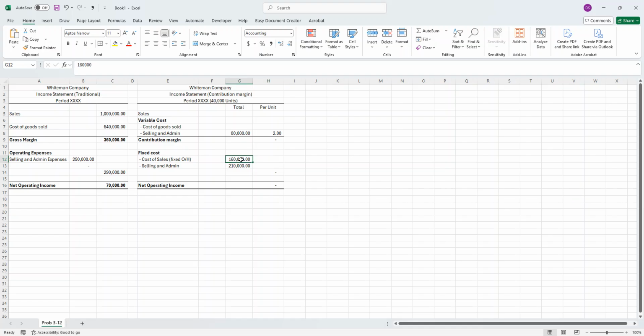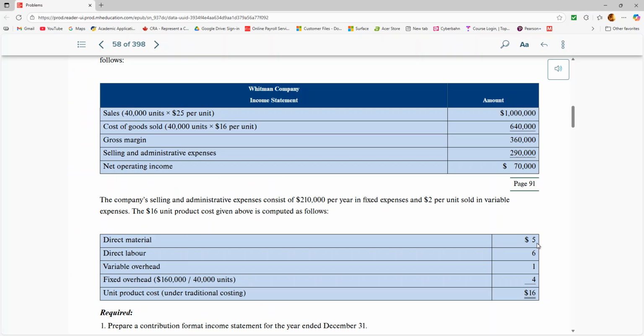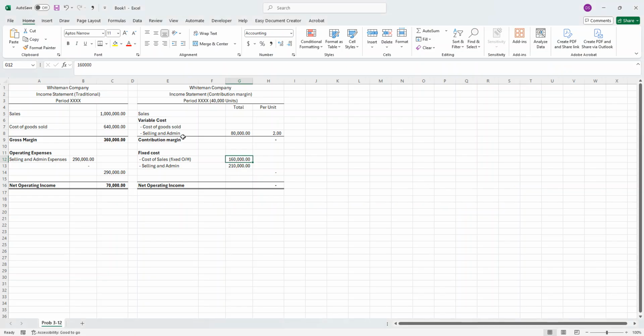So this is my fixed portion, and my variable is 5 plus 6 is 11 plus 1 is 12. So the variable cost is 12 per unit. So I can put 12 here, and to get this amount I need to do 40,000, because that's my output, and multiply by 12.